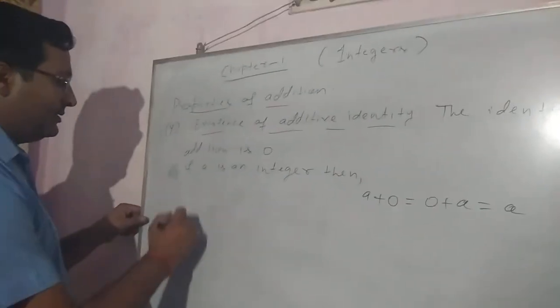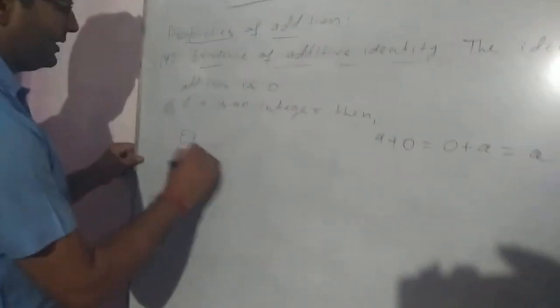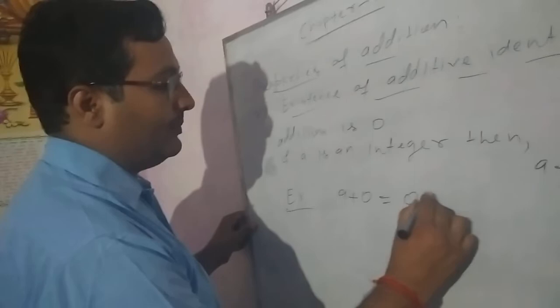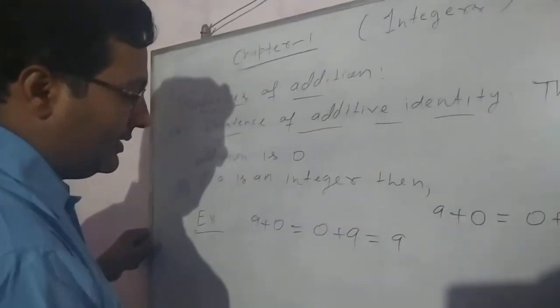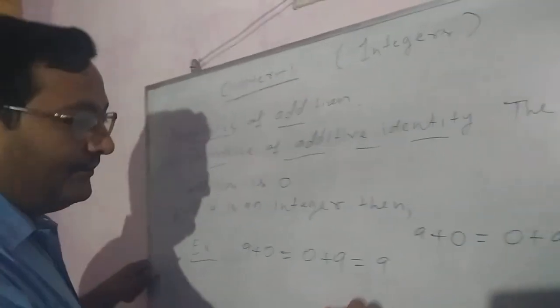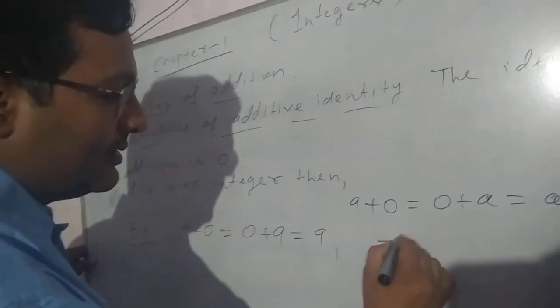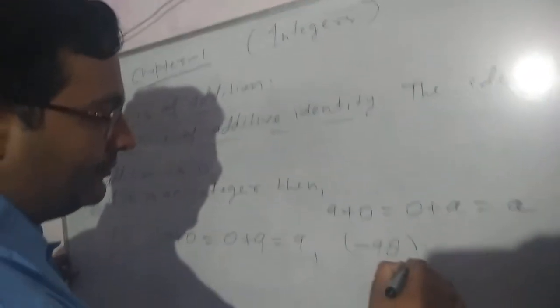Okay, for example, 9 plus 0 is equal to 0 plus 9 is equal to, what is the answer? 9. Clear?